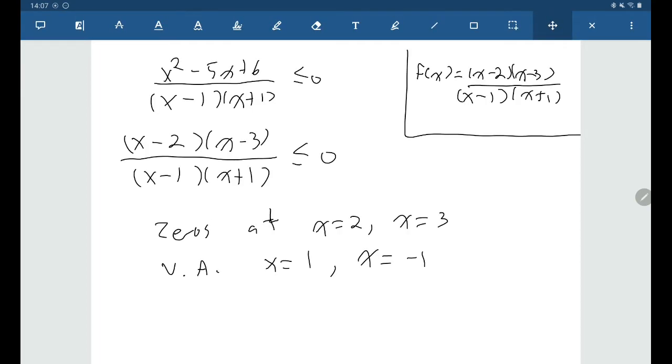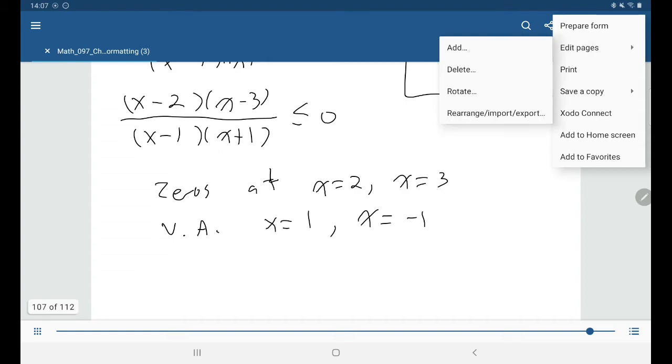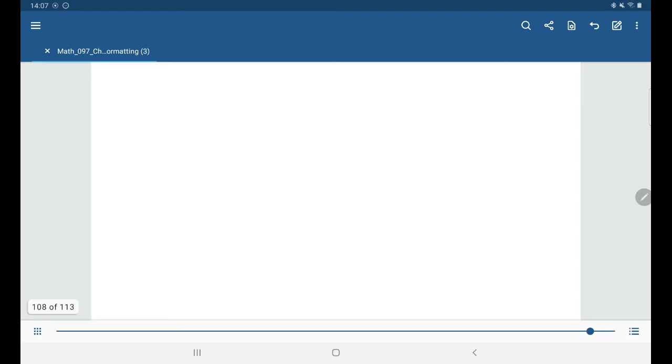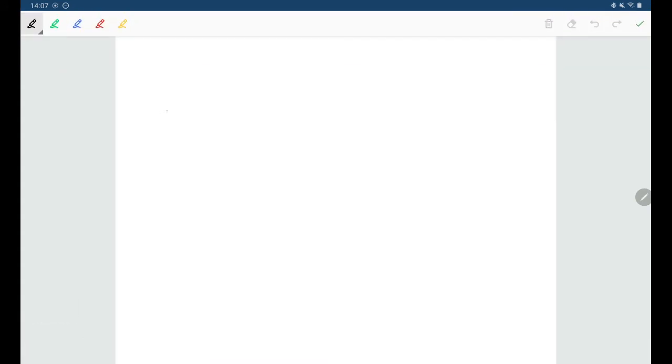Okay. And so now the next thing that I'll do is add an extra page here. There we go. And draw myself my number line. And I'm going to put on my values.